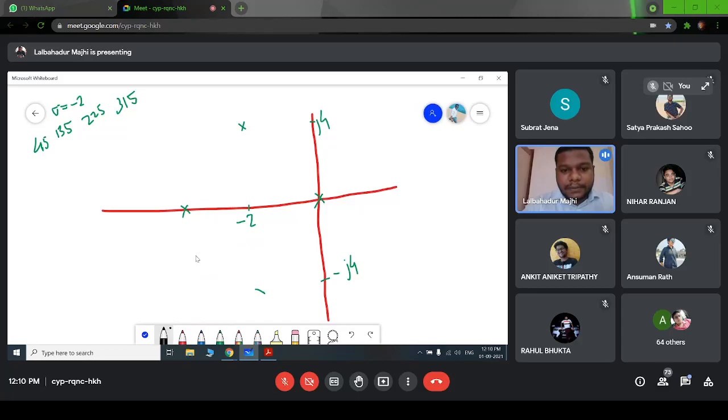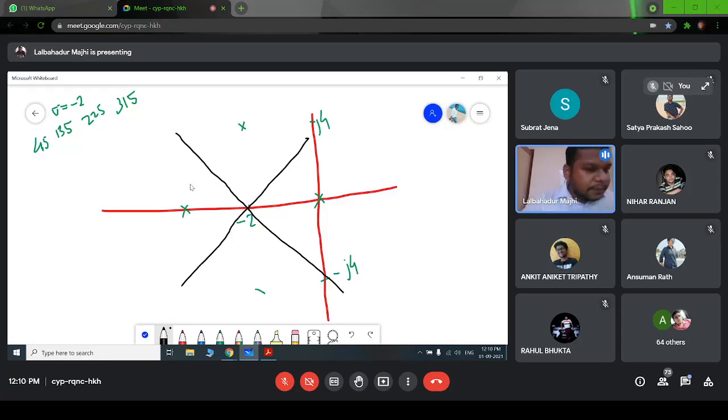This is 45, this is 135, this is 225, and this is 315. So we have four asymptotes.